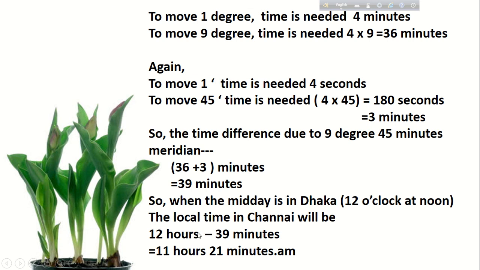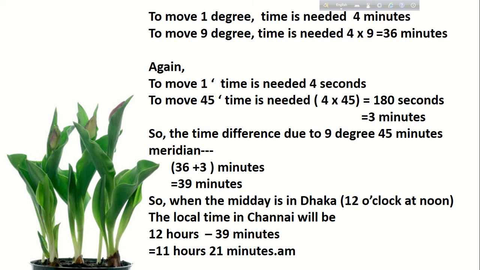So the time must be deducted. Subtracting 39 from 60 minutes, we get 21 minutes. So the time will be 11 hours 21 minutes AM, exactly, because it is before 12 o'clock noon. So the answer is: the local time of Chennai is 11 hours 21 minutes AM.